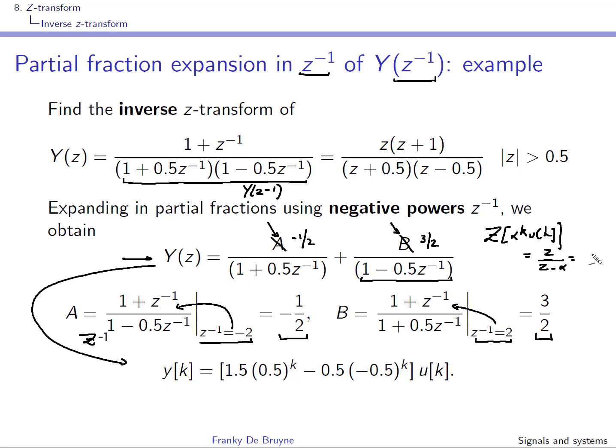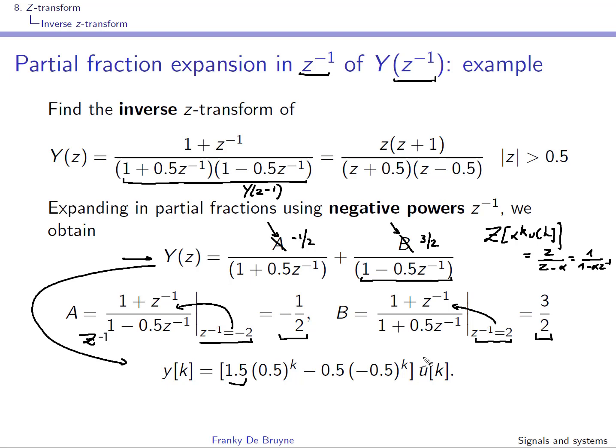It can also be written, and it's more appropriate here because we work in the variable z minus 1, as 1 over 1 minus alpha z to the minus 1. So 3 over 2, here we have it, and this is the z transform of the sequence 1.5 times 0.5 to the power k times uk, to make everything causal.